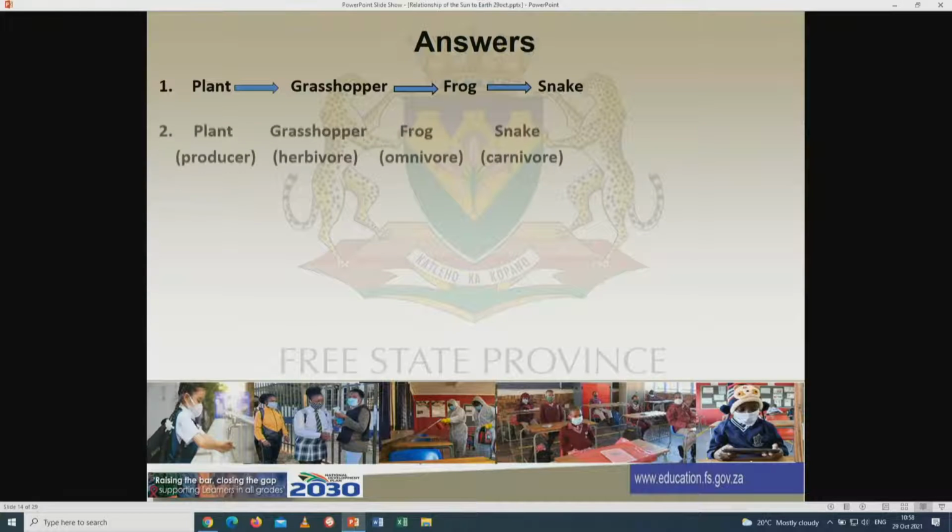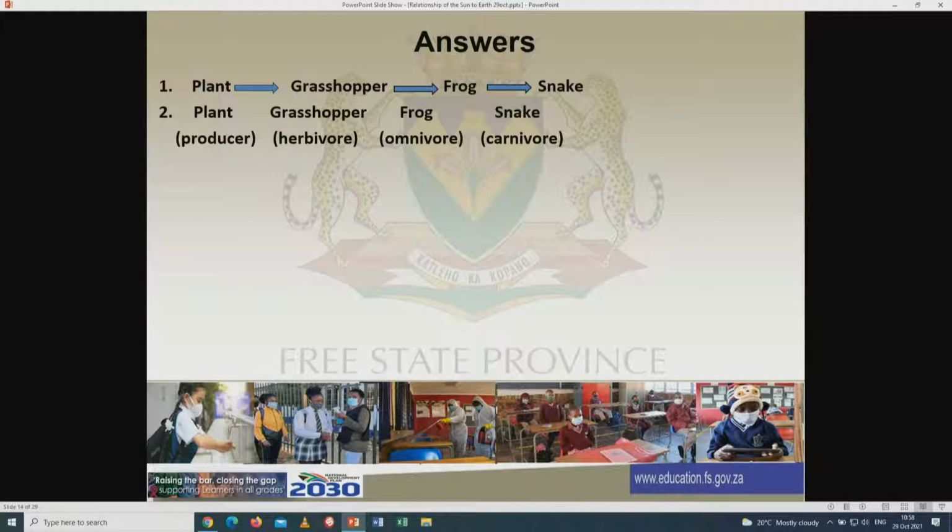For question number 2, you were asked to label the following as a producer, herbivore, omnivore, and carnivore. So you are correct when you say plant, it's a producer, a grasshopper is herbivore, frog, omnivore, and snake, carnivore.